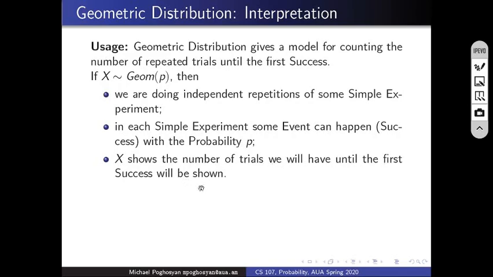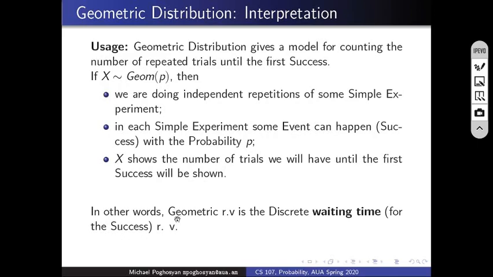In other words, a geometric random variable is the discrete waiting time for the success. There is a term, waiting time, in probability. So a geometric random variable is a discrete waiting time until having the first success.